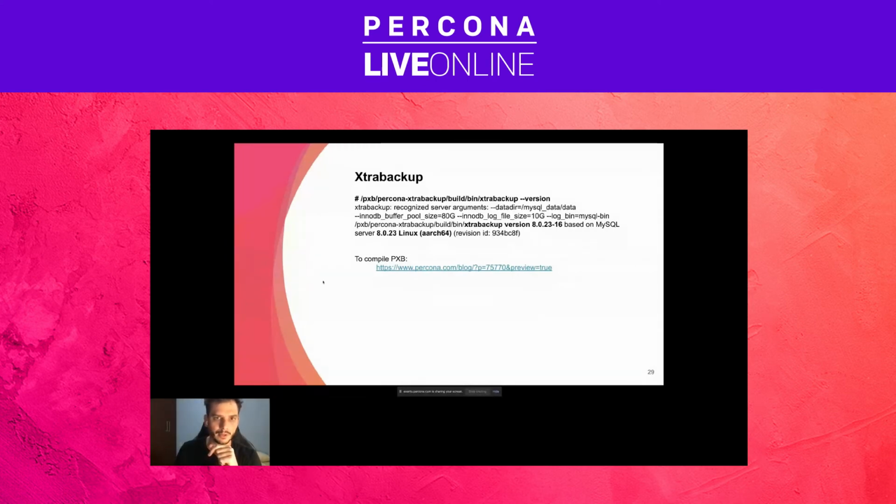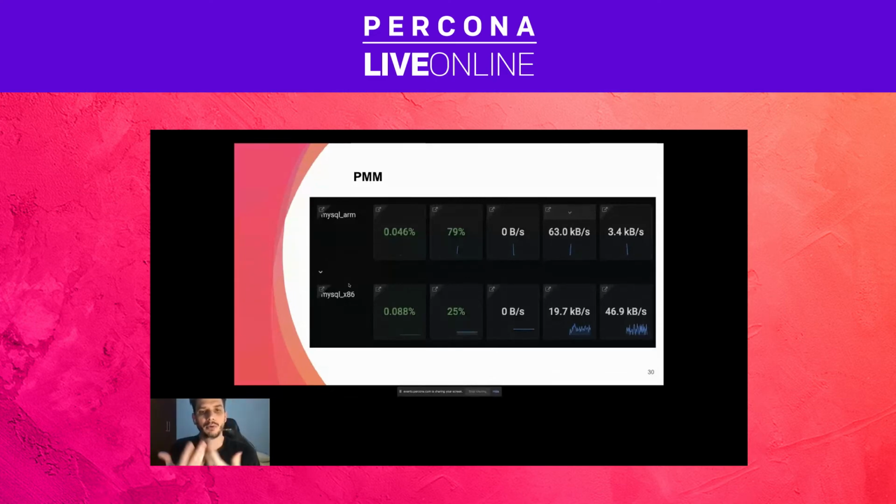How I made it work with the PMM monitoring system. As we can see here, I'm monitoring, but what I had to do, and the idea didn't come to me at that time, it took me a while, was adding the MySQL ARM server as a remote monitoring.